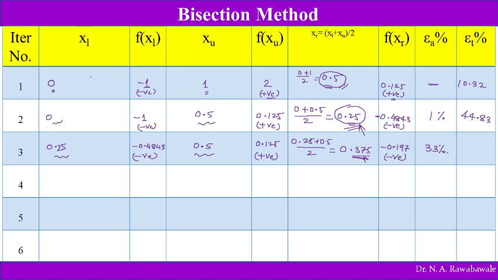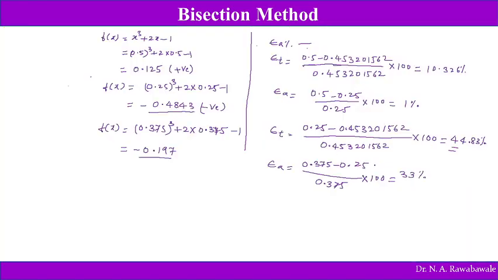Now again, to find the true error, the approximate value is 0.375 and the true value we know.